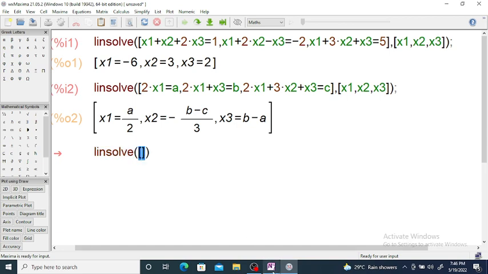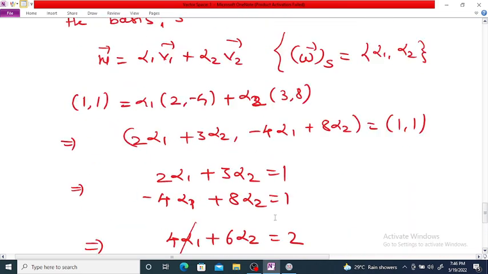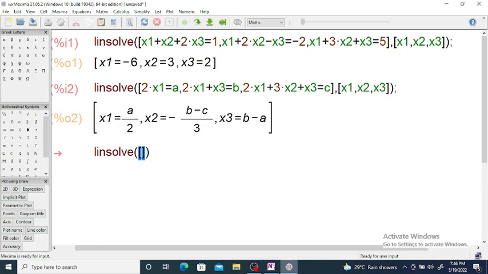The first equation is twice x1 plus thrice x2 is equal to 1, and the second equation is minus 4 x1 plus 8 x2 is equal to 1, and the variables are given x1, x2.